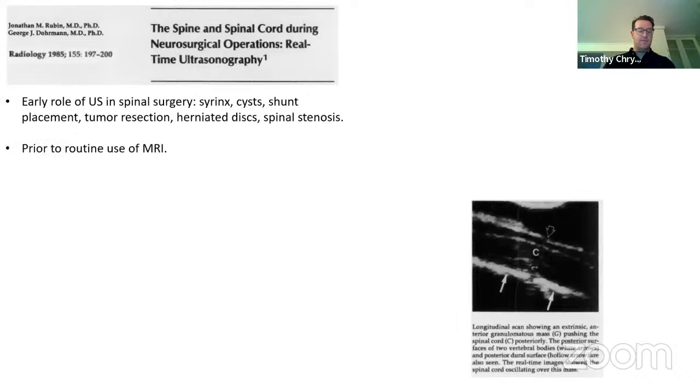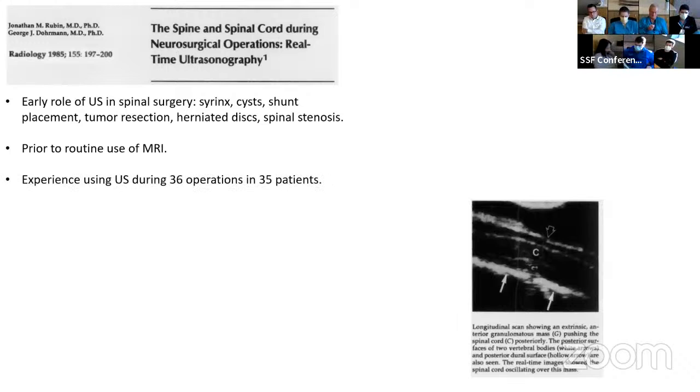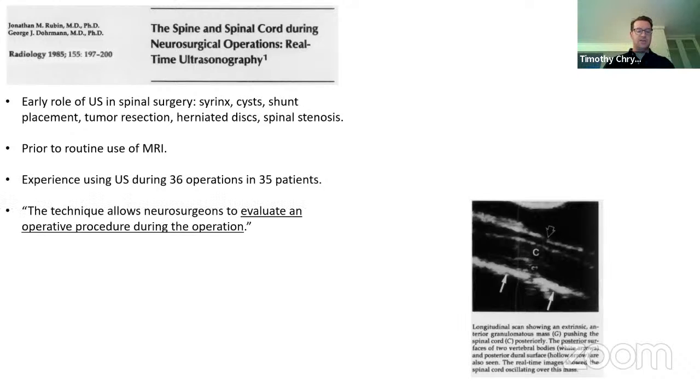Importantly, when this technology first came out, it was prior to the routine use of MRI. In this article, they make comparison to contrast-enhanced CT and myelography. This specific article looked at 36 operations, with a variety of indications.